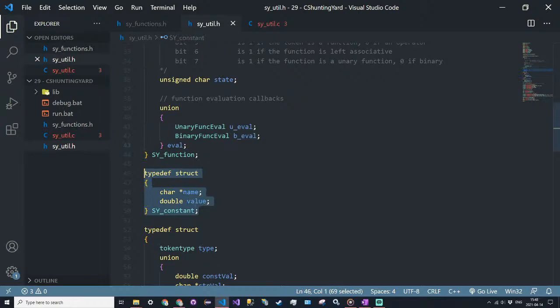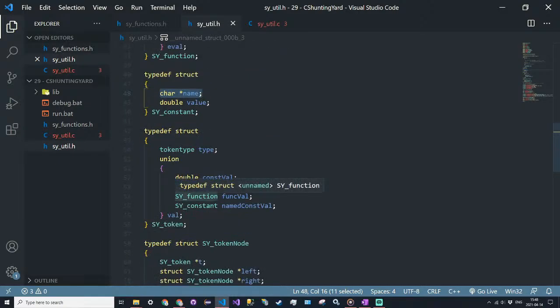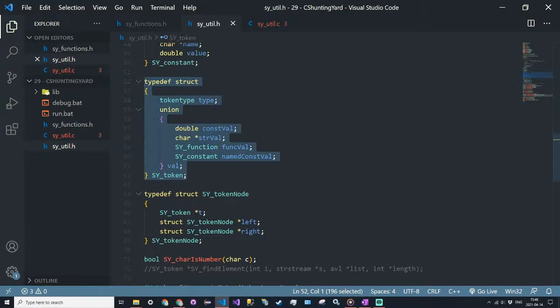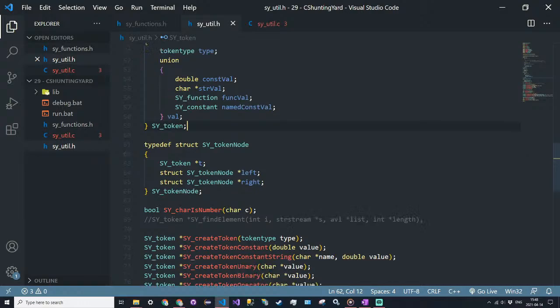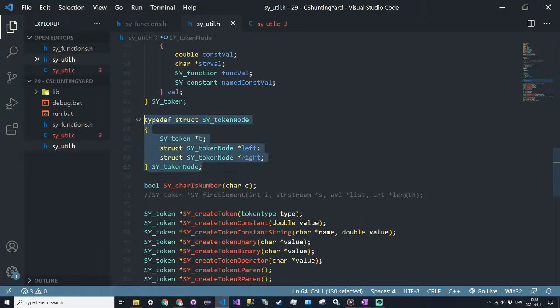Yeah, and then for the constant, it's just a name and a value. And just the name will be pi. Once again, the names in the functions and constants don't need to be there. I just have them there just for debugging and printing purposes. All right, then we have our token structure, which takes those together, as we talked about before. And now we're going to be looking at the last structure, which will be used in the tree. So this is going to be the token node, which will, like I said, have an attached token to it.